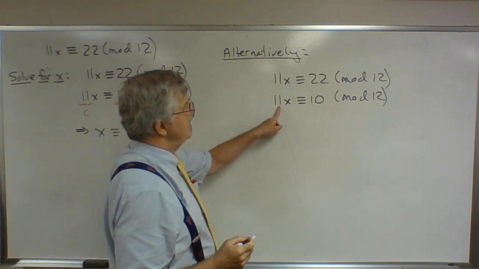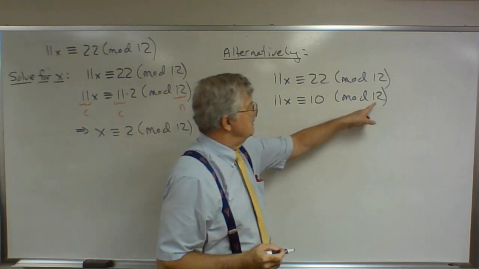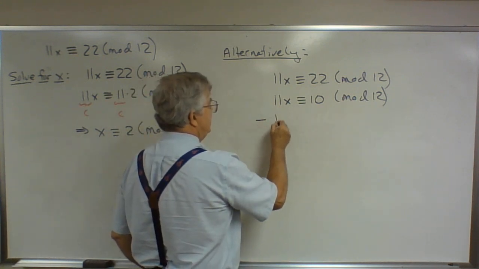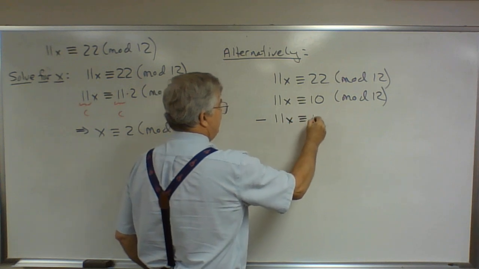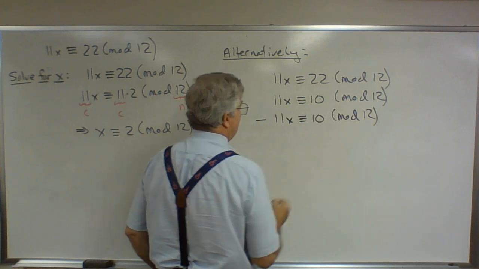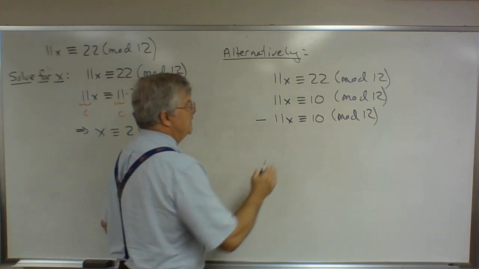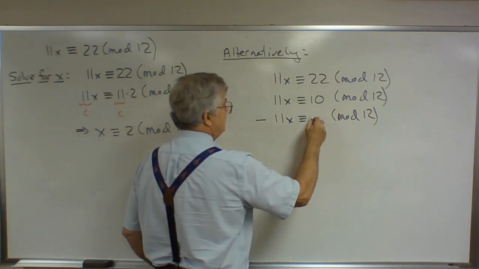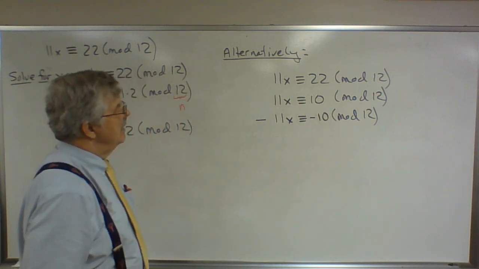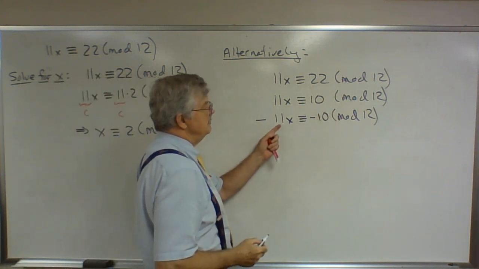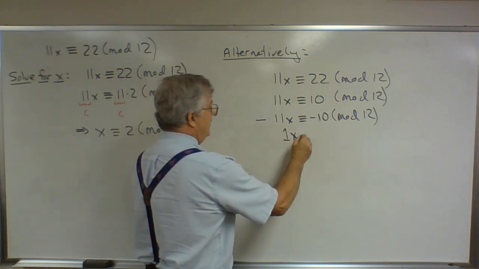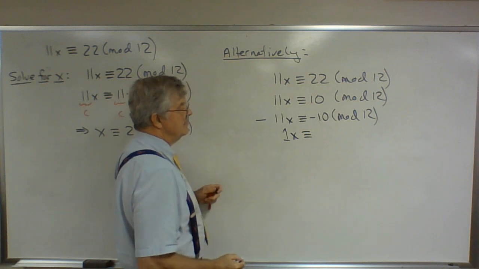So 11 is negative 1 mod 12. So what I'm going to do is multiply both sides by negative 1. Whoops, negative 10. Now, negative 11 is congruent to 1 mod 12.